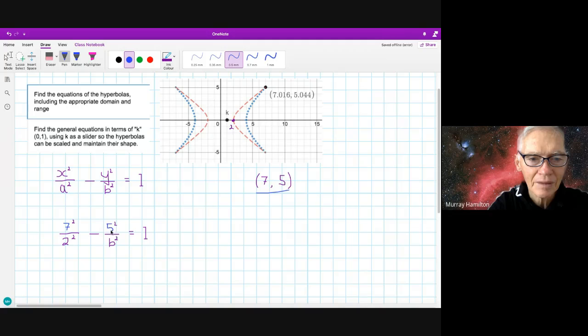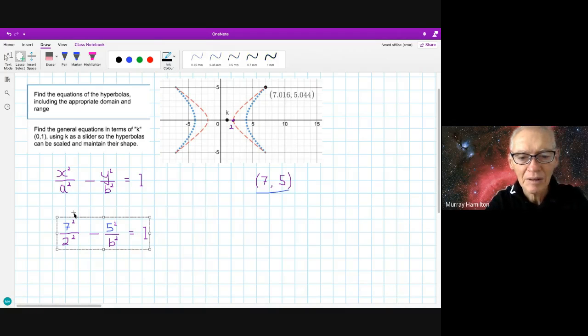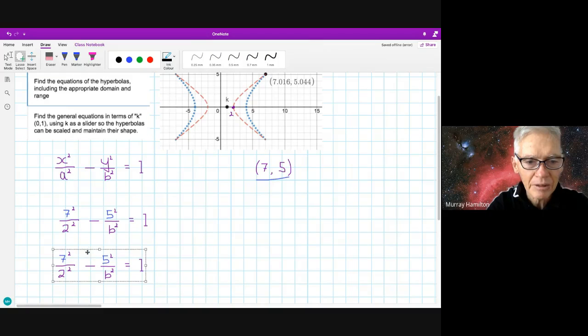Now I'm going to rearrange this equation, and please don't simplify it at this stage, because it's going to make the generalization really easy if we don't simplify it. So what am I going to do? I'll copy this first and paste it underneath, and then start rearranging this equation.